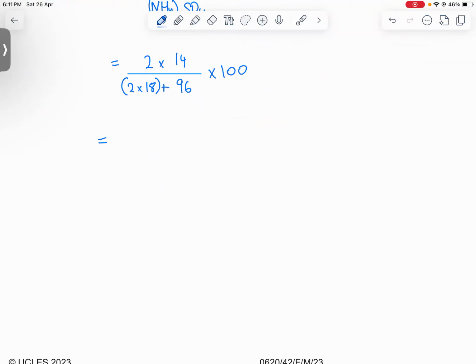You divide 28 by it. So it becomes 28 divided by 132 multiplied by 100. Whatever you get from the division, you multiply by 100 and you get 21.21%. So the final answer is 21.21%.